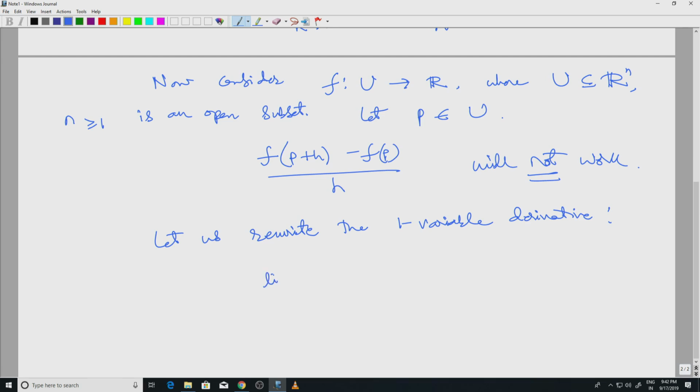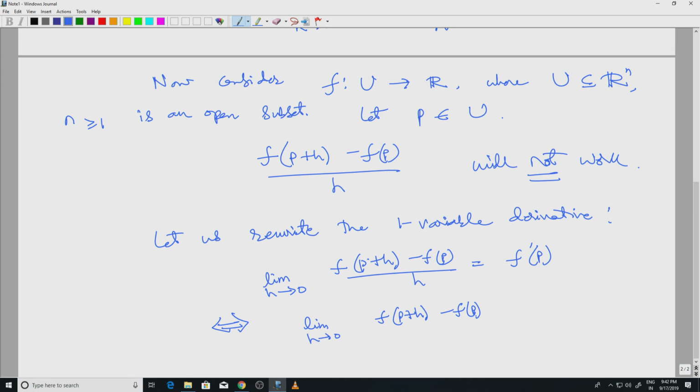First, to say that the limit as h goes to 0 of (f(p+h) - f(p))/h equals f prime p is the same thing as saying that the limit as h goes to 0 of (f(p+h) - f(p) - f prime p times h)/h equals 0.